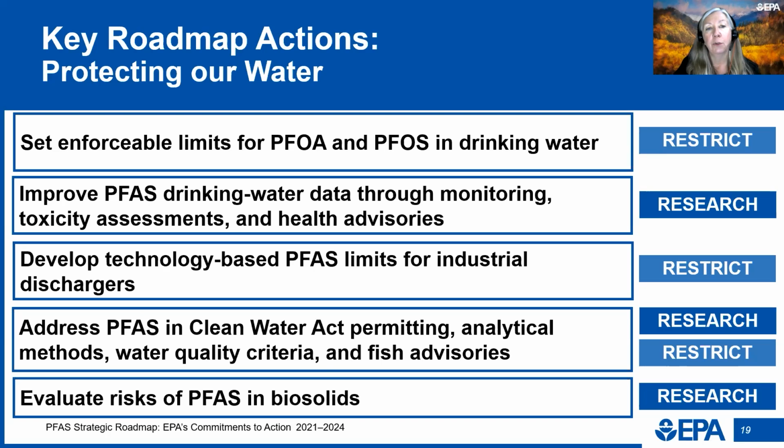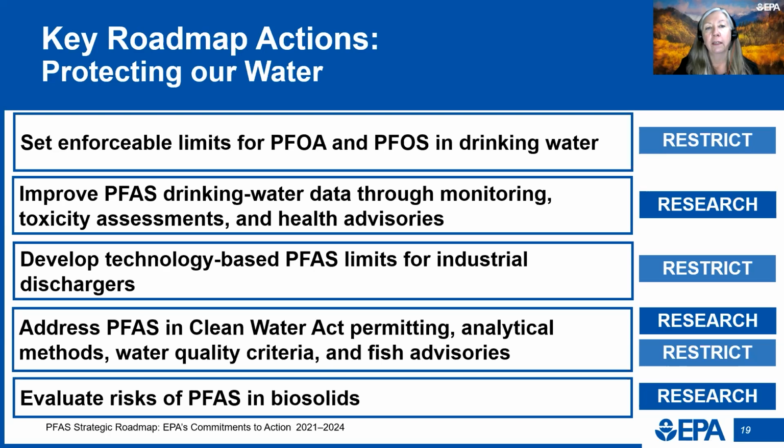In April of 2022, EPA released draft aquatic life water quality criteria for public comment for PFOA and PFOS. These reflect the latest peer-reviewed scientific knowledge regarding the effects of these chemicals on freshwater aquatic organisms.